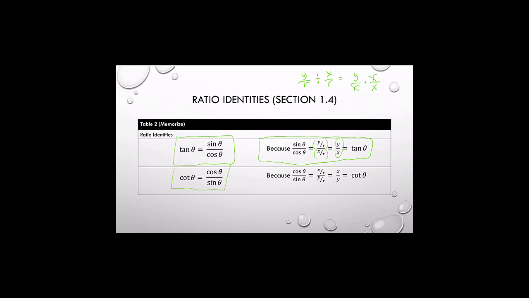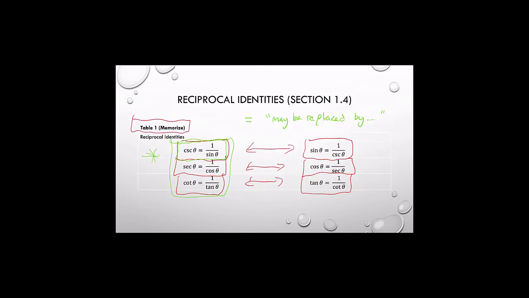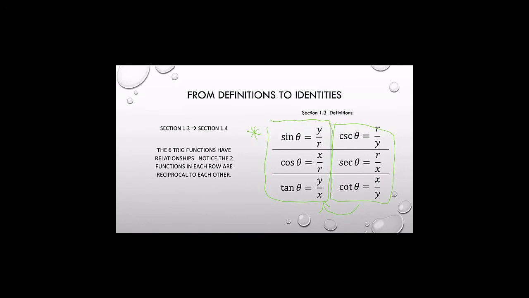Well, this is very interesting that both tangent and cotangent can be replaced by something about sine and cosine. I'm going to go back to my statement over here that said, hey, these are the main players of our entire class. And now I can boil it down to actually two of the main players, sine and cosine.